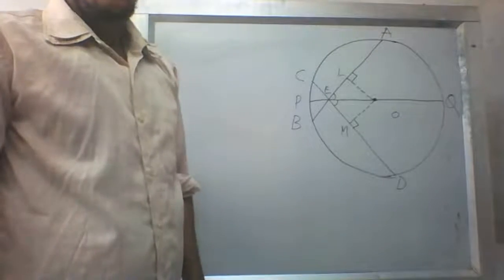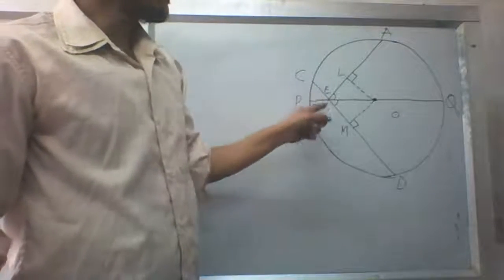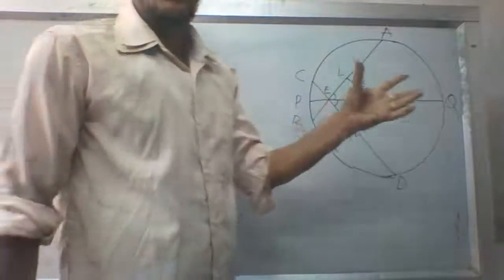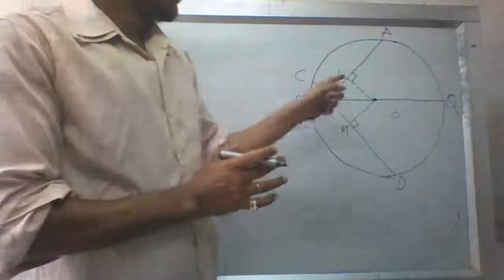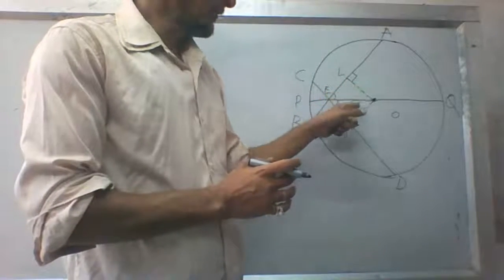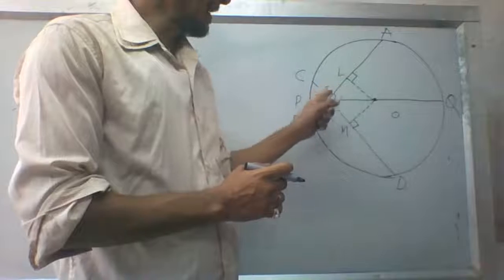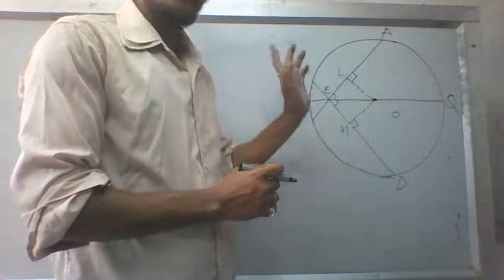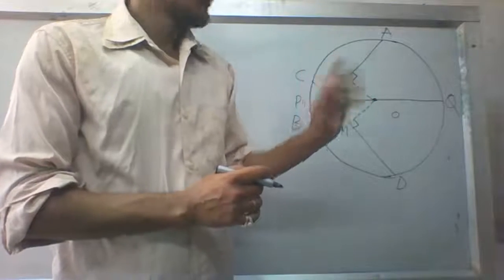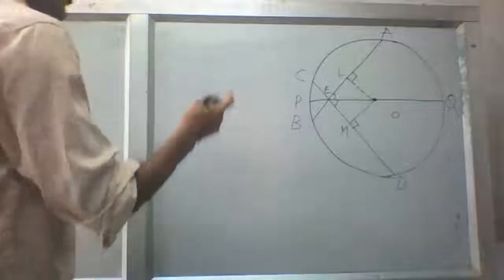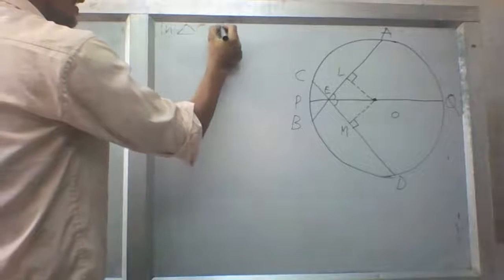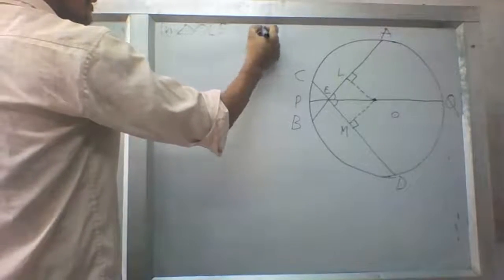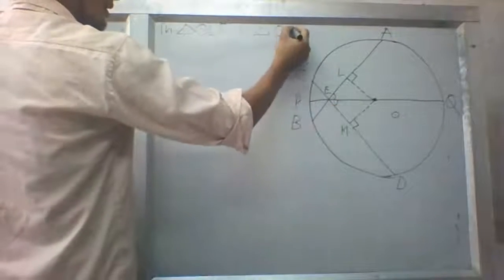Okay. Now what happens? Which triangle will you consider first? We will take this as a triangle and this as a triangle, meaning triangle OLE and triangle OME.